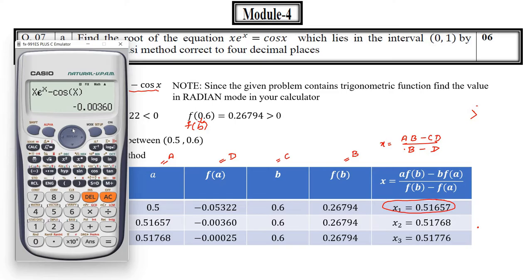And I'll go back again here, using the upper joystick cursor, to get back to AB minus CD divided by B minus D. Just press CALC again and enter the values of A, B, C, D. What is the A value? 0.51657, plus equal to. B value is the same thing, 0.26794.